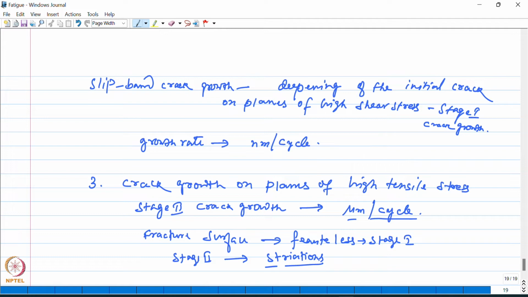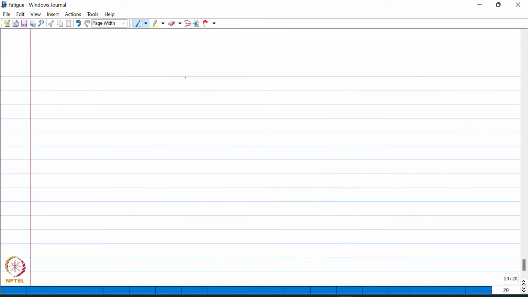These striations basically appear as ripples like this.